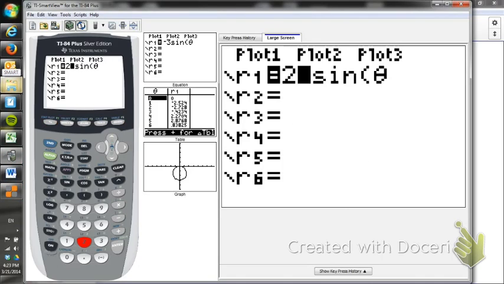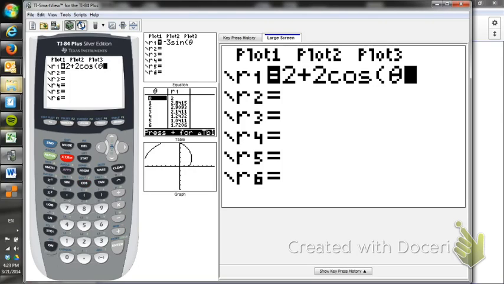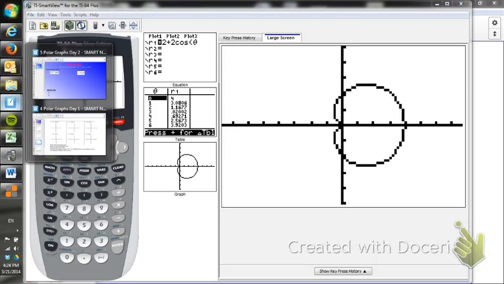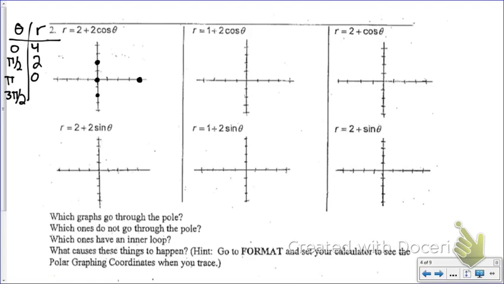So I'm going to graph 2 plus 2 cosine theta. This graph curves around and then goes back into the pole. So that graph is going to look like this, except it would actually go through those points I kind of missed. But now let's think about if I were to switch that to sine.